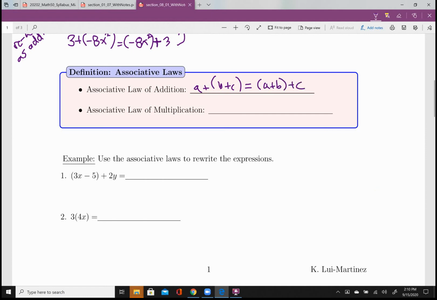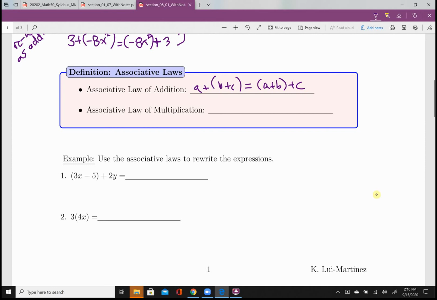So remember order of operations. They say grouping symbols first, so if you are going off of the left-hand side of the equation here, you would add B and C first and then add A. What the associative law of addition is saying is that it's the same as adding A and B first and then adding C later on.